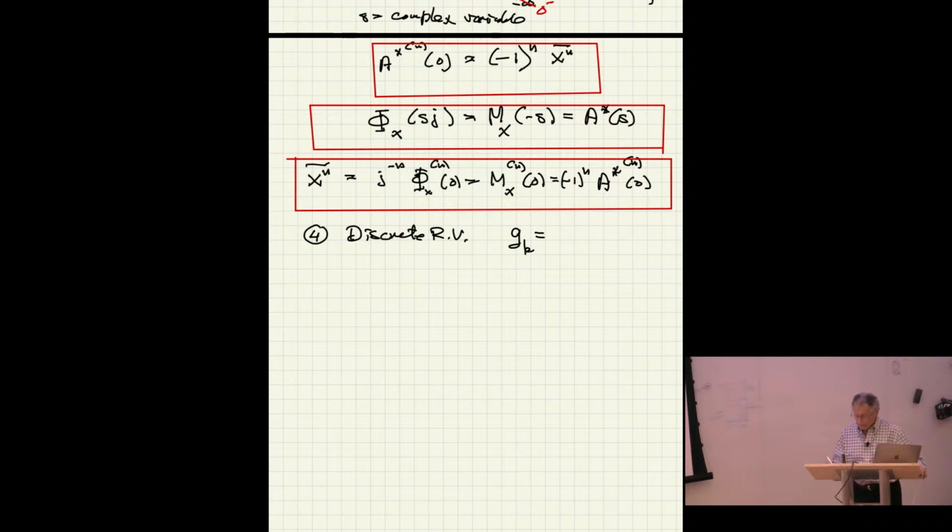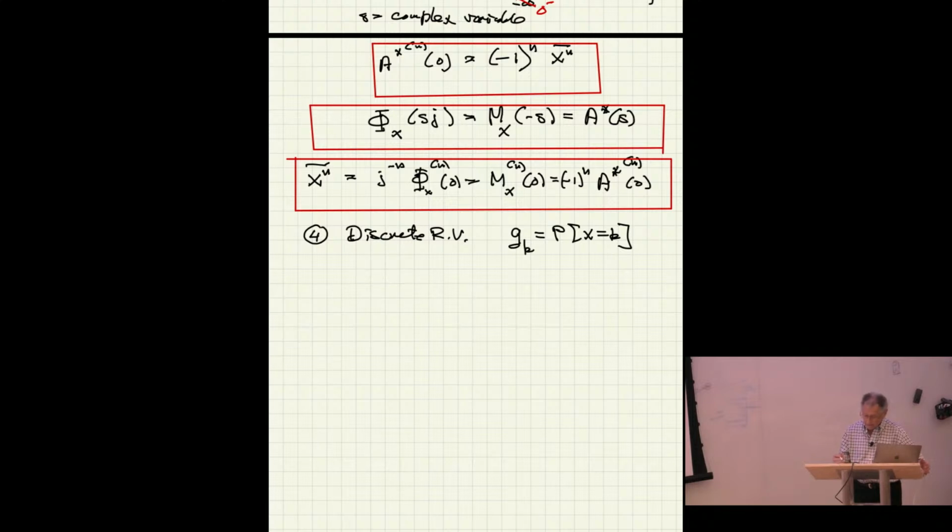G sub k will be the probability that x equals k, so that x is discrete. Its probability distribution is G sub k instead of the density we wrote with little f sub x. And G is the Z transform. I better write that down for you.